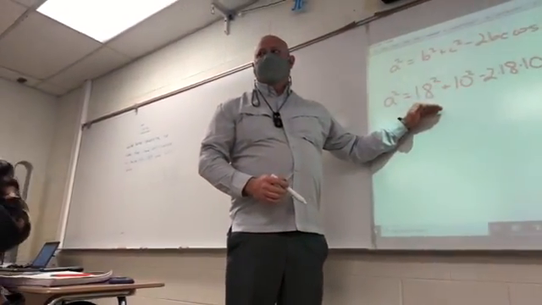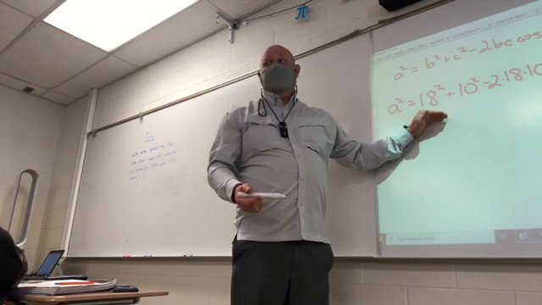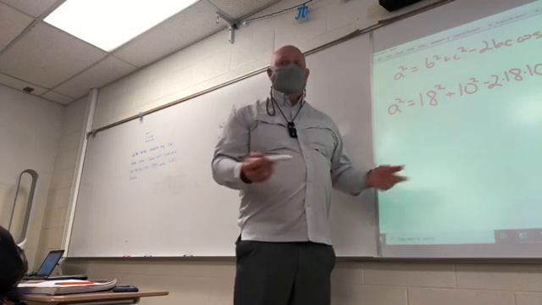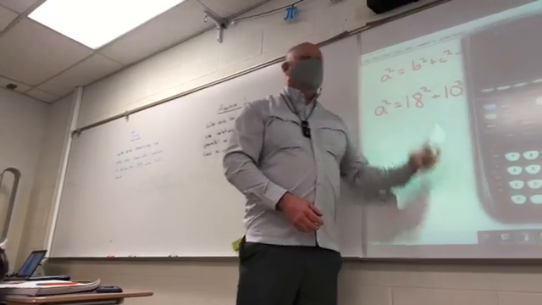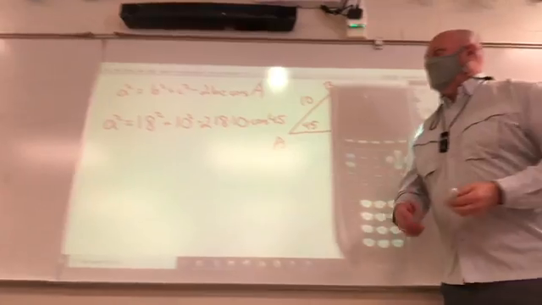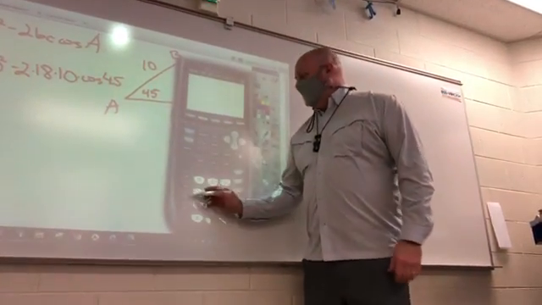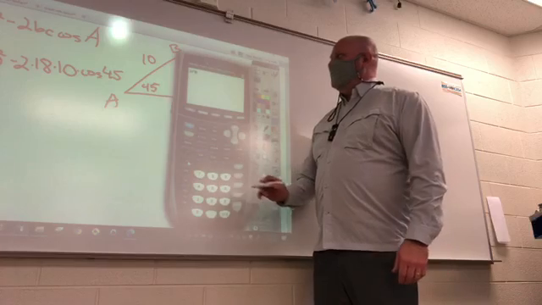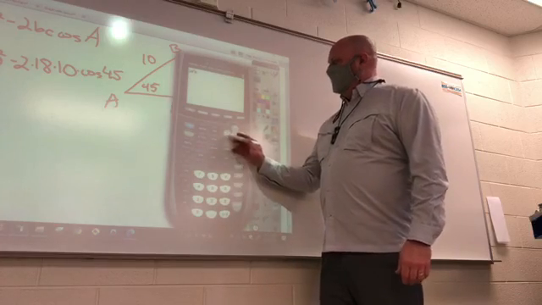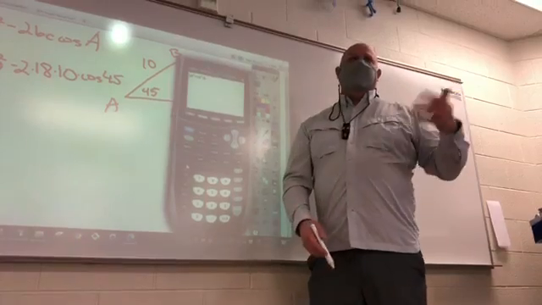This problem, the hardest part of this, honestly, is just how do you calculate it? And the easiest way, type the whole thing into your calculator. Just as is, just type it in. So what I would type in for this would be 18 squared plus 10 squared. I'm not even going to bother calculating 18 squared.